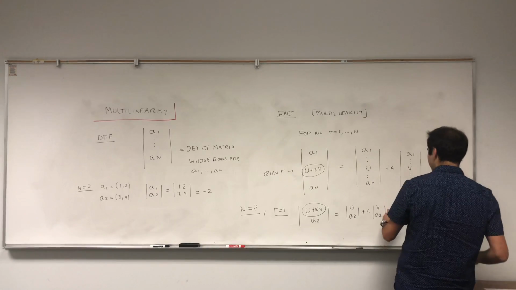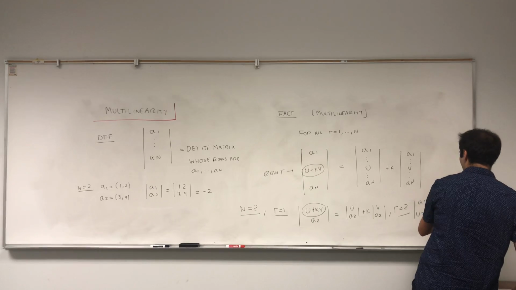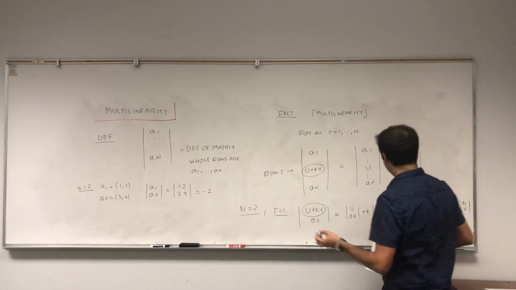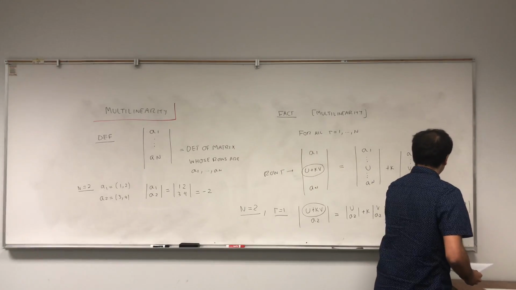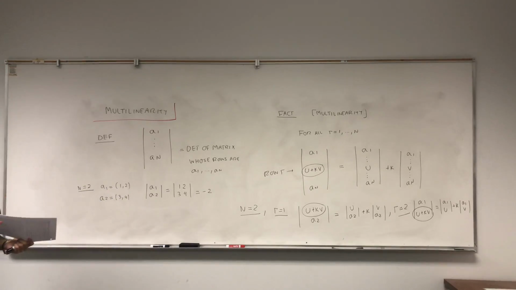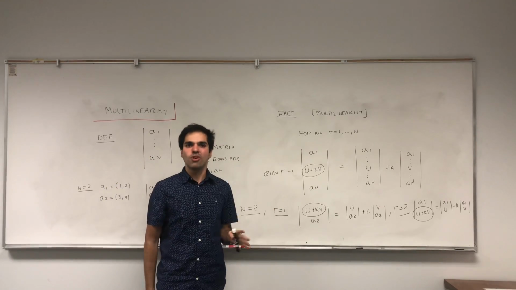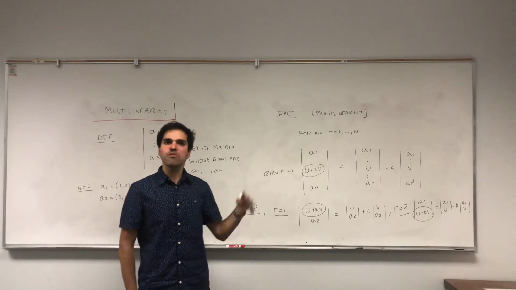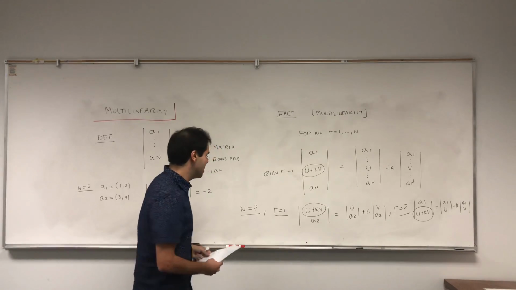In the case r equals 2, this says that the determinant of A1, u plus kv is the determinant of A1, u plus k times the determinant of A1, v. So it is indeed linear in each row, even though the determinant itself is not a linear transformation. This seems like a silly property, but it's so important. It's the thing that makes determinants work, and in fact all the other properties I show in other videos rely on this multilinear property.